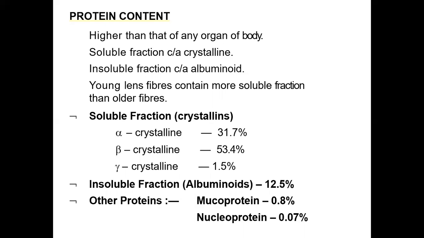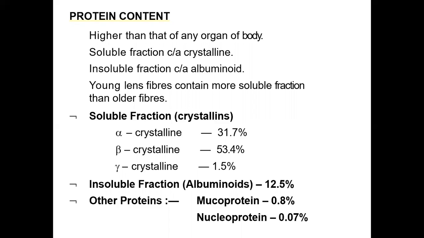Young lens fibers contain more soluble protein fractions than the older fibers. So remember this one for short questions. Young fibers contain more soluble fraction compared to older fibers. The soluble fraction, that is crystalline protein, is of three types.